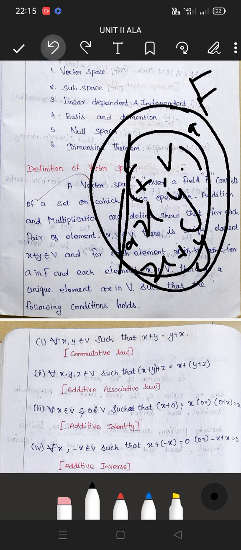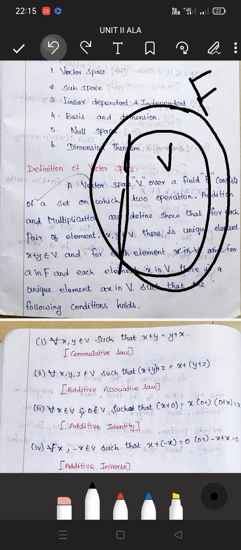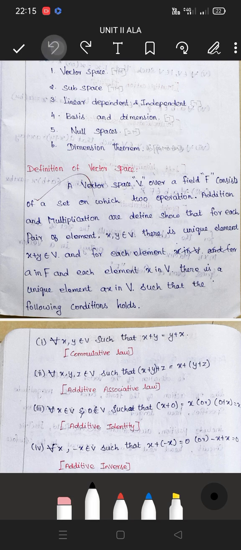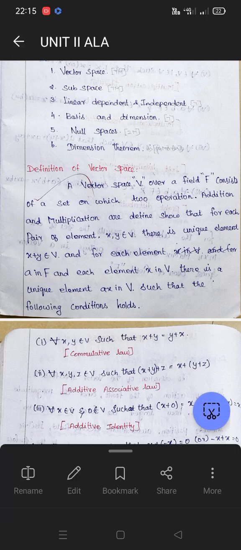It satisfies this condition, and the following conditions also hold.